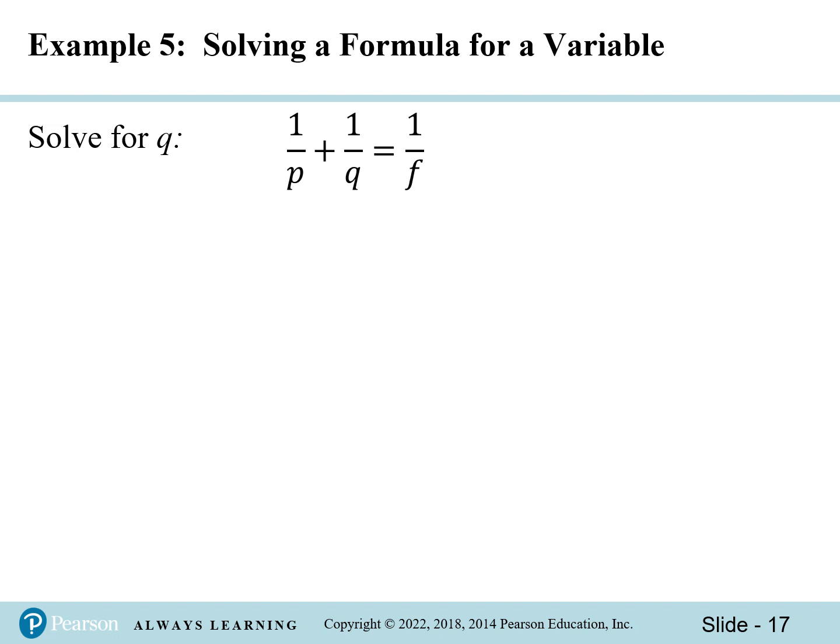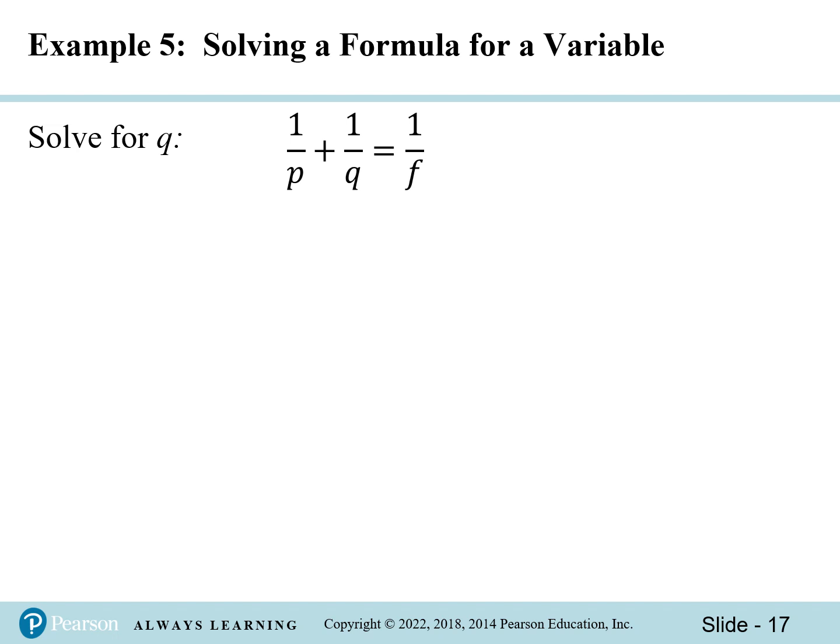So it says, if you wear glasses, did you know that each lens has a measurement called its focal length, f? When an object is in focus, its distance from the lens, p, and the distance from the lens to the retina, q, satisfy the formula.